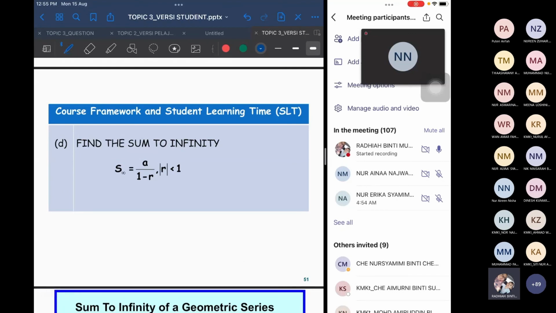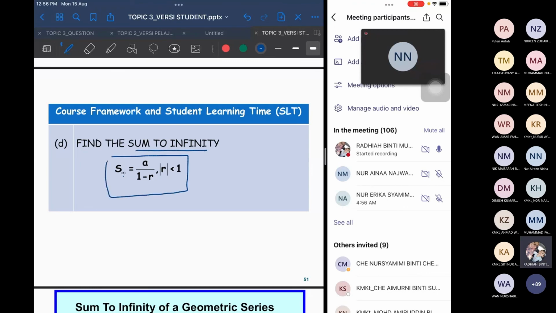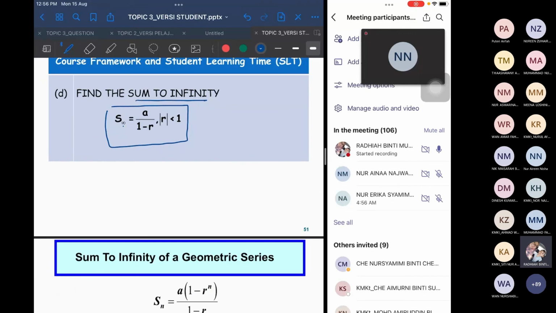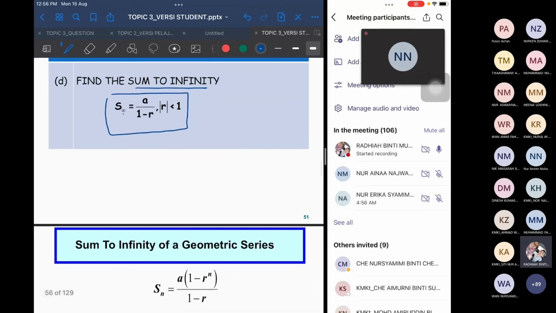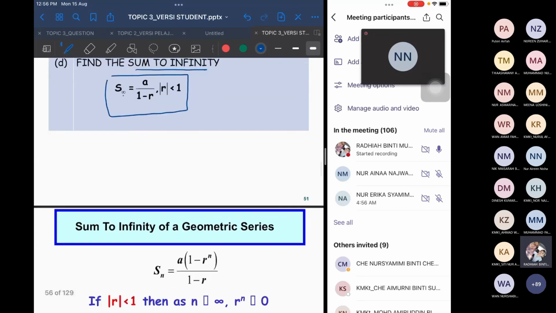Kita punya learning outcome. Kita find the sum of infinity. Maksudnya kita punya sum tu to infinity. So this is our formula. Okay, so sum to infinity you punya formula adalah A over dengan 1 minus R, which is modulus of R kurang daripada 1.